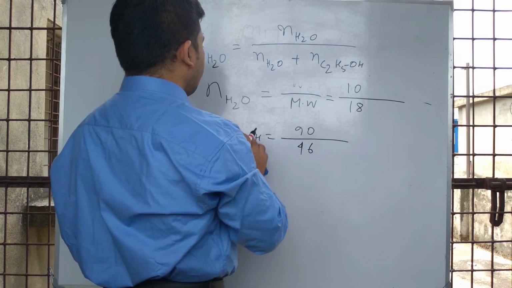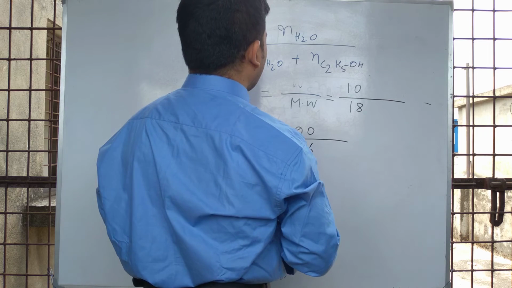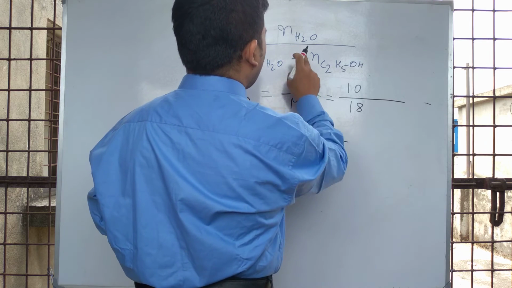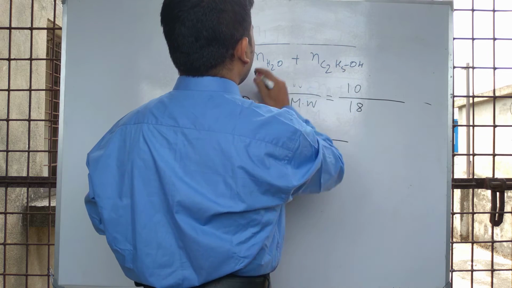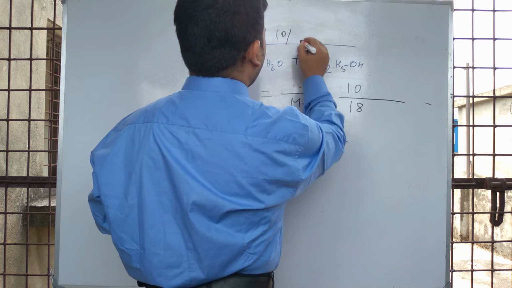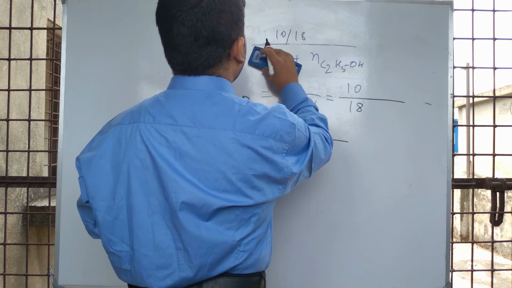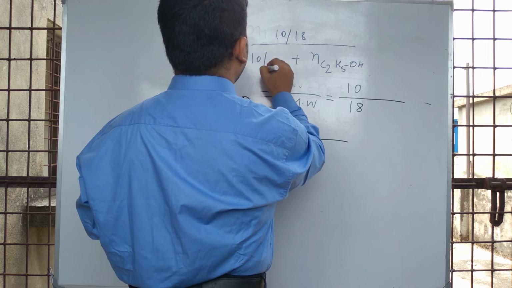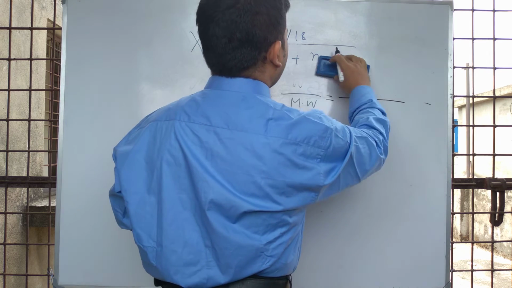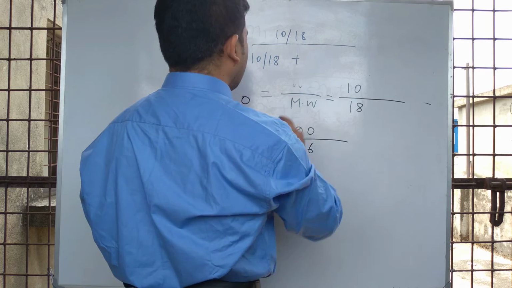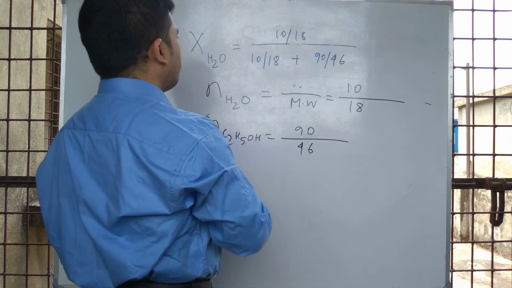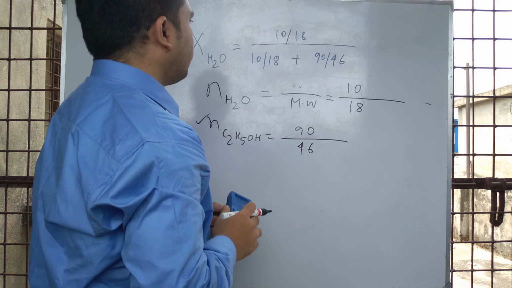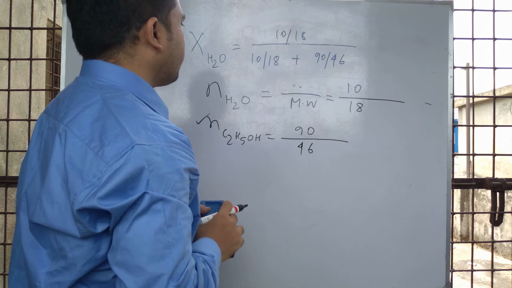In place of moles of water we write 10 by 18, and in place of moles of ethanol we write 90 by 46. From this expression we can calculate the mole fraction of water.